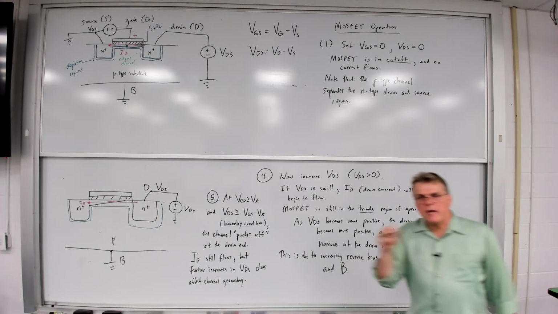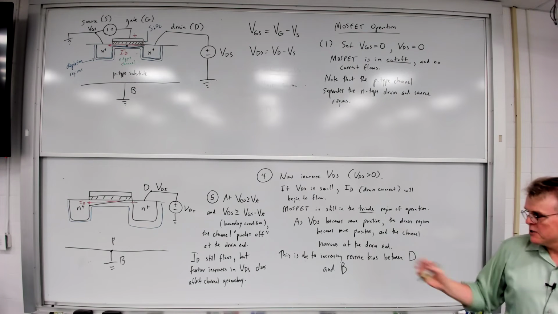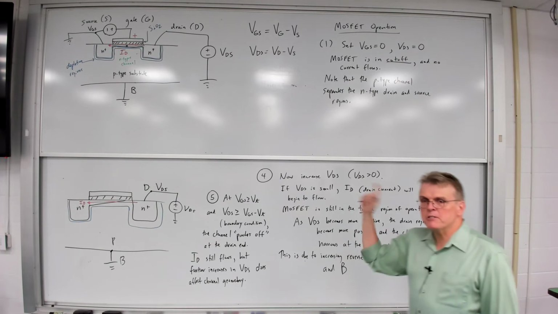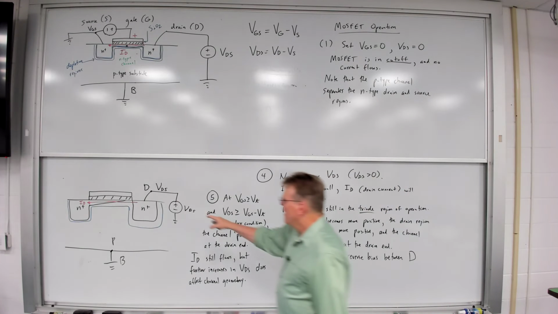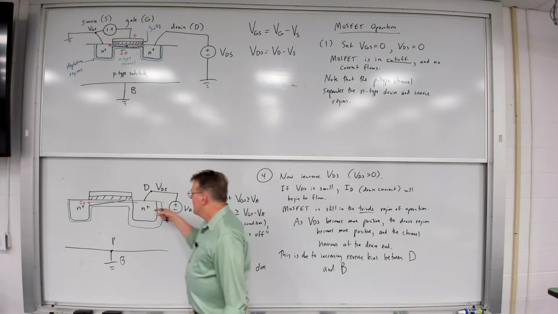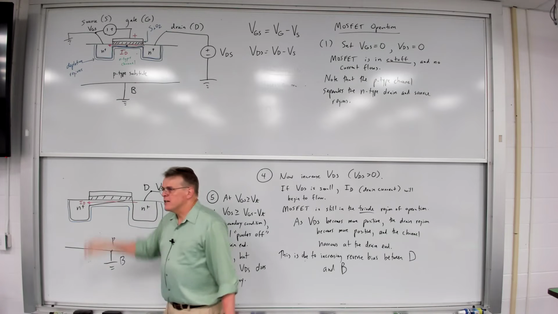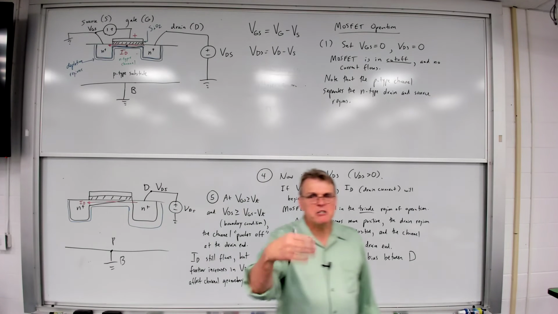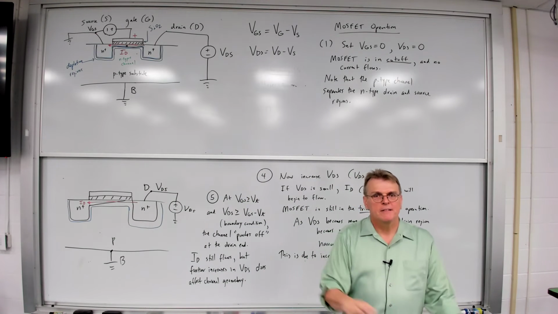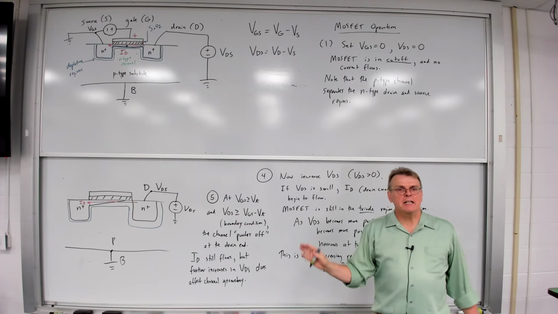So the channel geometry doesn't change as I increase VDS. But here's something else interesting that happens. Once I reach pinch-off, increasing VDS does not change ID. ID reaches a maximum value at pinch-off, and then that's it. It doesn't get any larger.